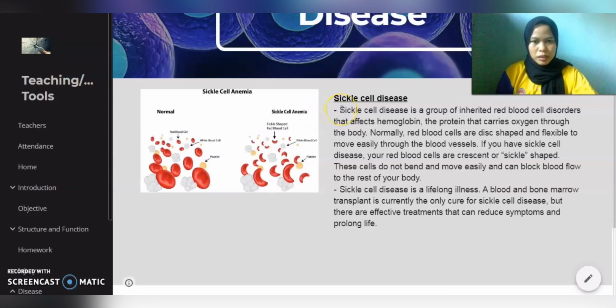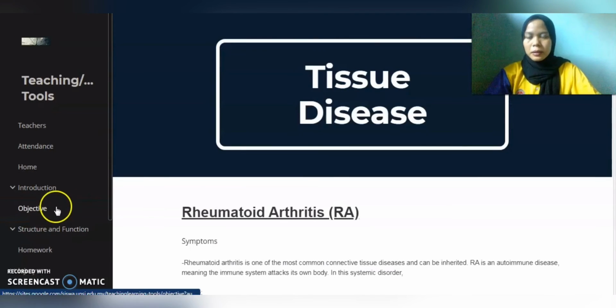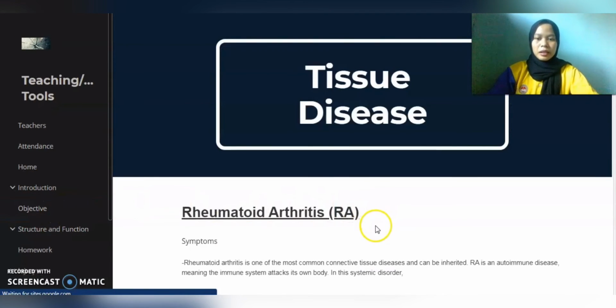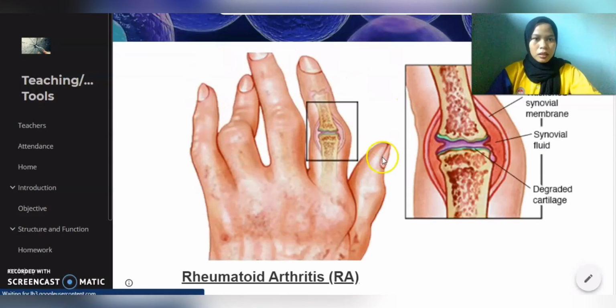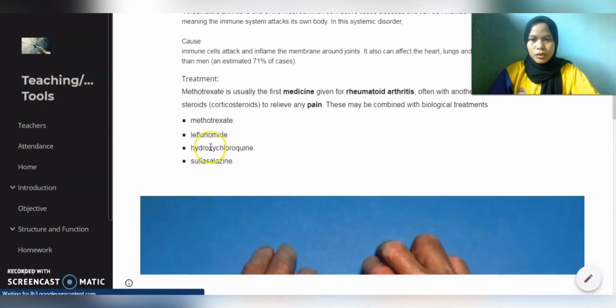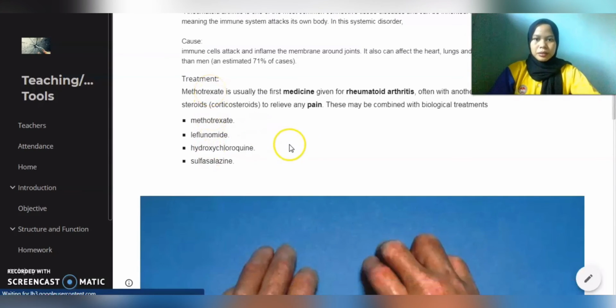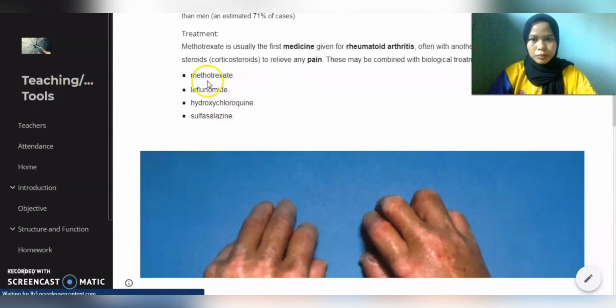This is the explanation of sickle cell disease. For tissues, there is rheumatoid arthritis. As for the symptoms, the cause, and the treatment, here. There are 4 biological treatments.